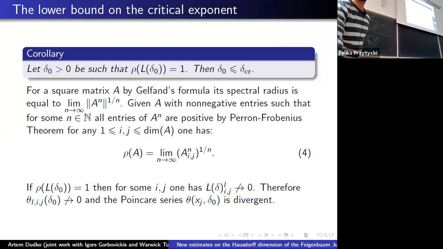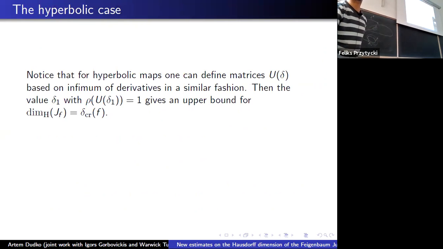Okay, so this shows that having a partition and taking Macmillan's matrix with maximal derivatives, we obtain an estimate from below on the critical value and on the Hausdorff dimension in the case of hyperbolic maps at least.